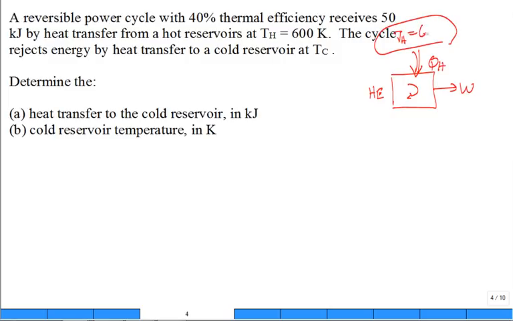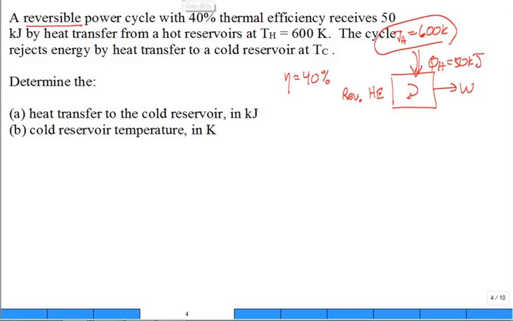The high temperature reservoir is 600 Kelvin, and it receives 50 kilojoules of heat from that 600 Kelvin high temperature reservoir, and the thermal efficiency is 40%. And it's a reversible power cycle, so rev heat engine.